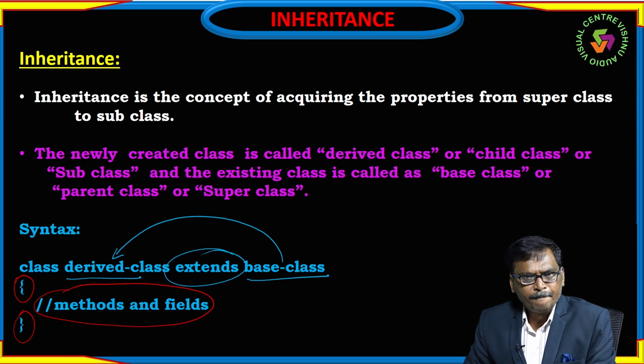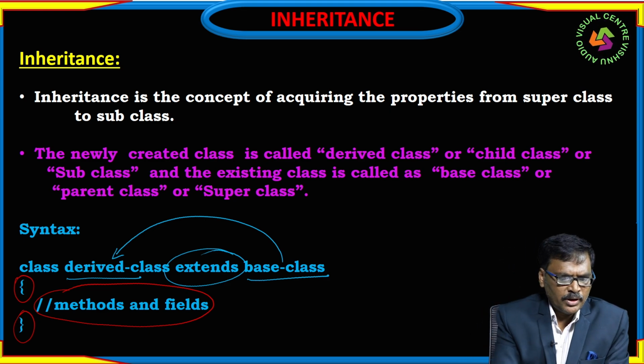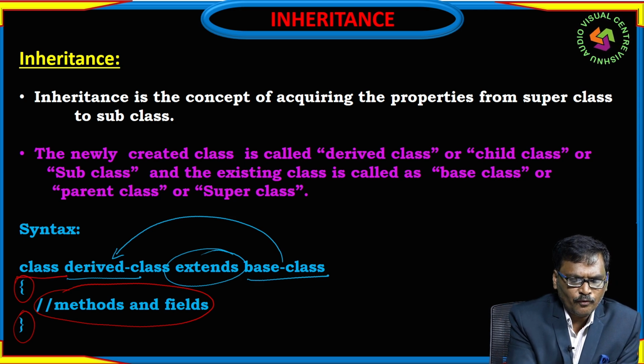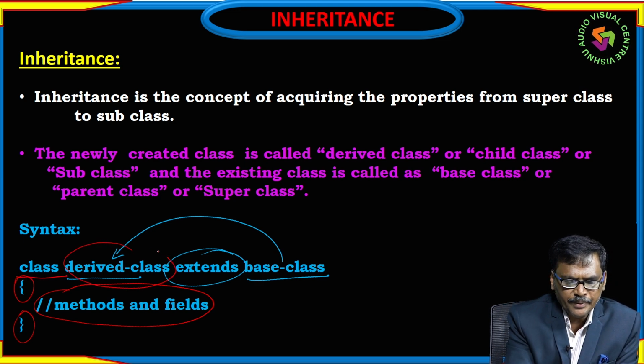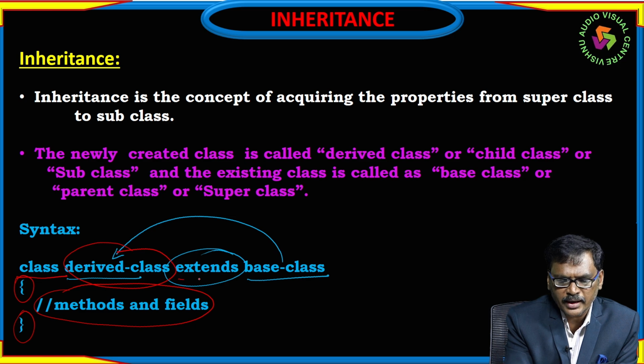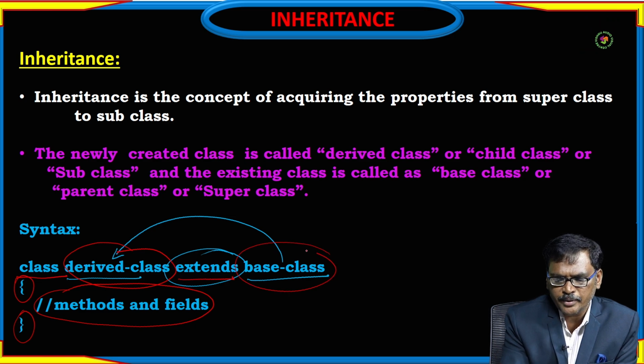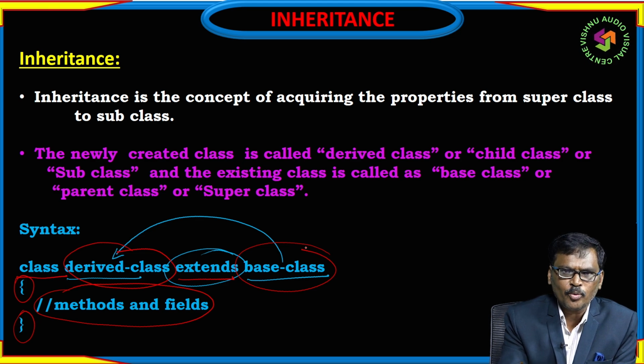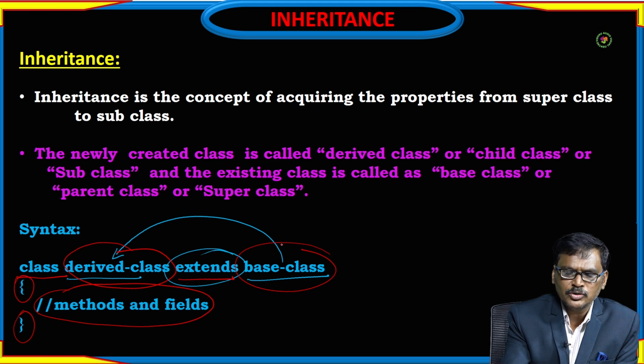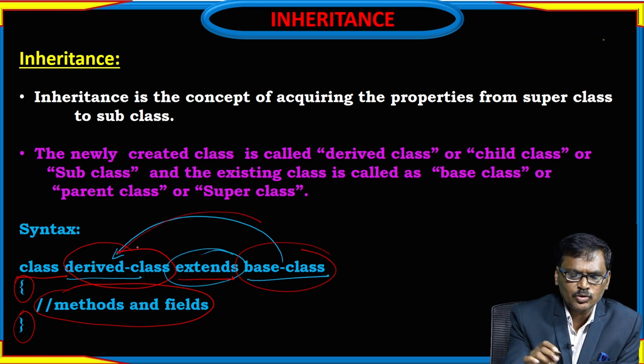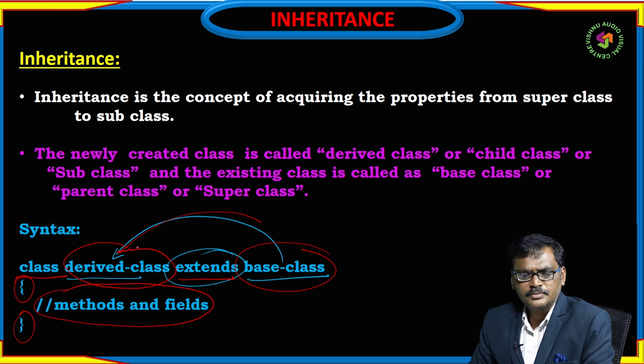So the general declaration for inheritance is: class is a keyword, followed by the derived class name, extends, base class name. Whatever properties are available in the superclass, also called the base class, are acquired by the derived class.